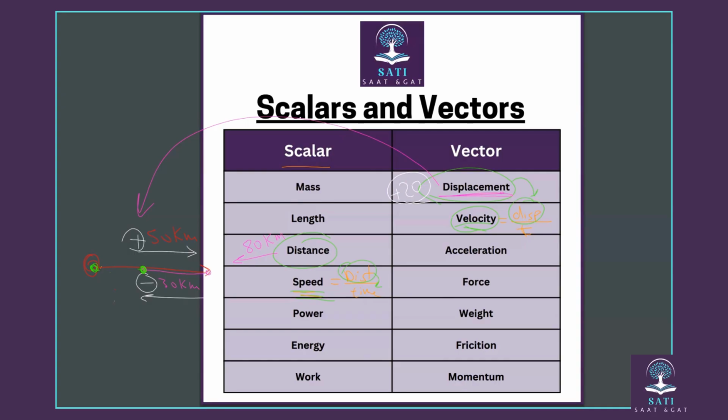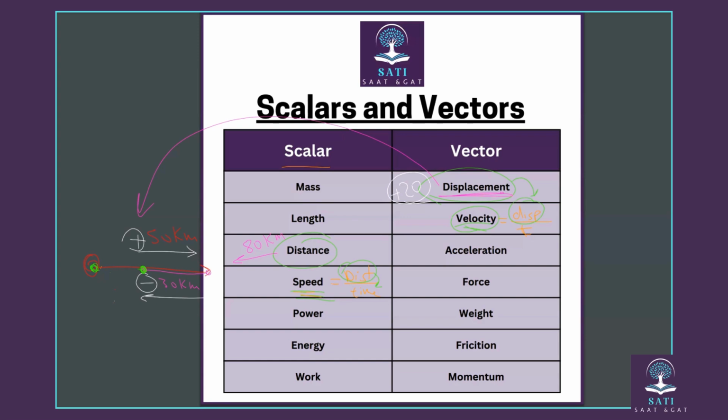If you say my car's speed was 100 kilometers per hour, you gave me a number and a unit. I know that you mean the speed of the car, not the velocity, because you didn't mention a direction. In front of the driver of a car, there is a speed meter.